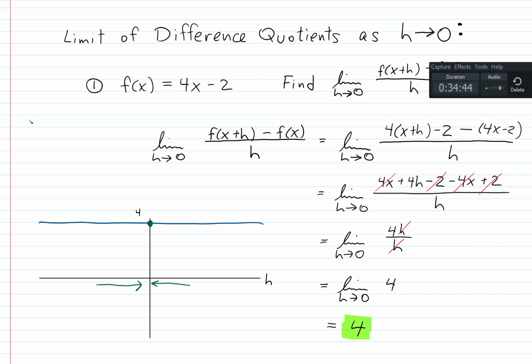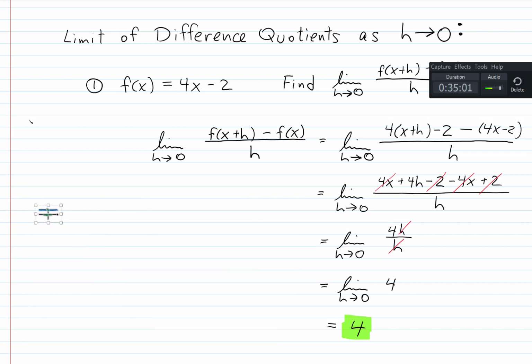Okay? The limit of f of x plus h minus f of x over h as h approaches 0 equals 4. And it's no coincidence, by the way, that that is just this number right there.